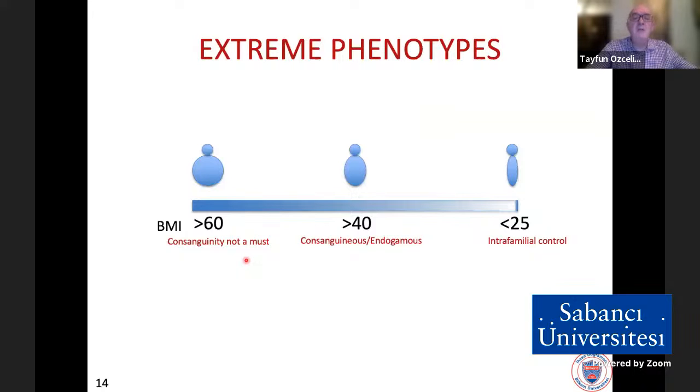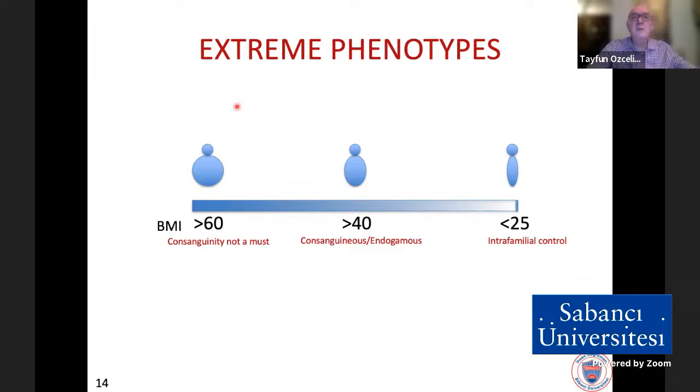So our strategy in our research is to concentrate on extreme phenotypes, extreme meaning body mass index, a measure of obesity, of people with a body mass index over 40, over 60. We concentrate on such individuals.